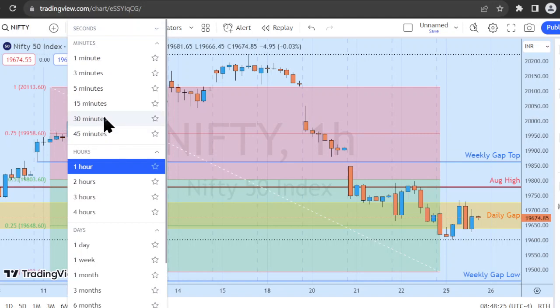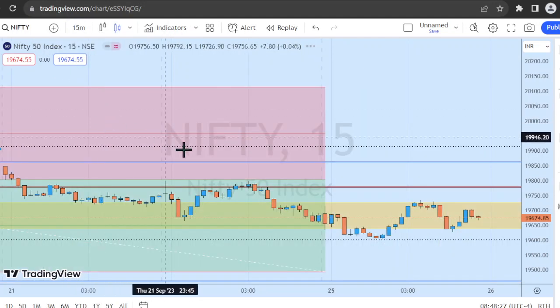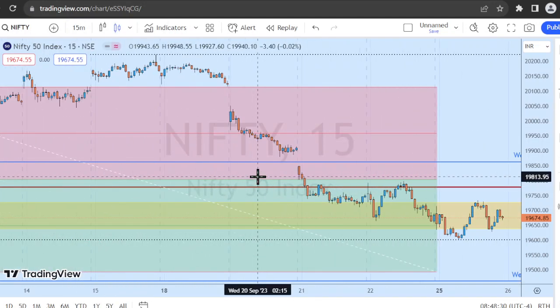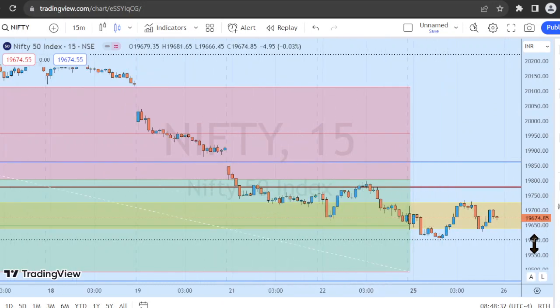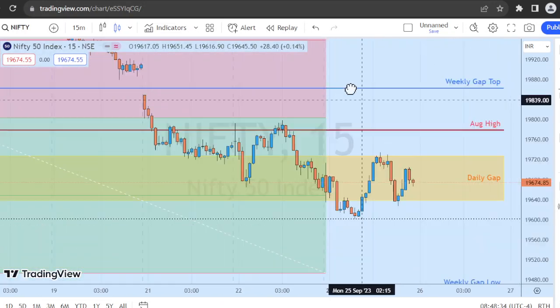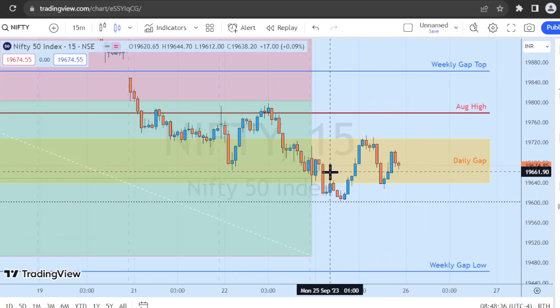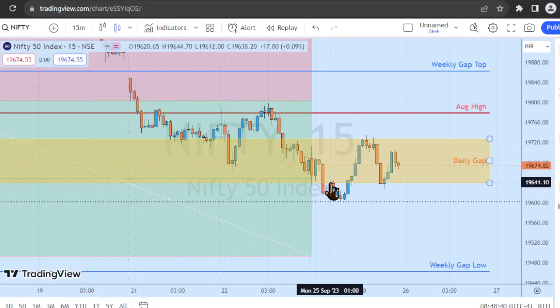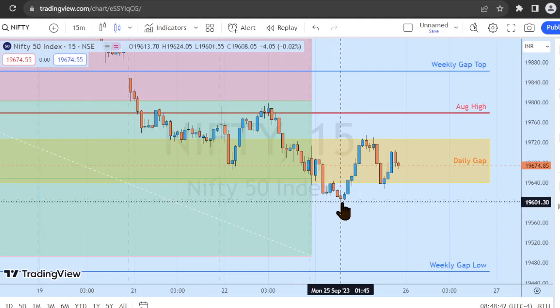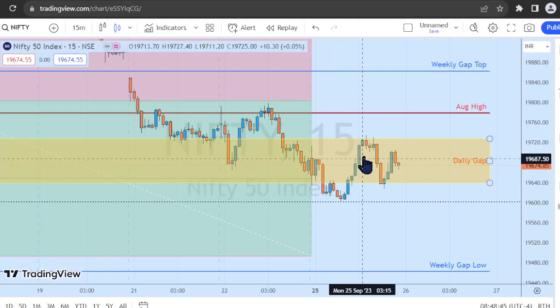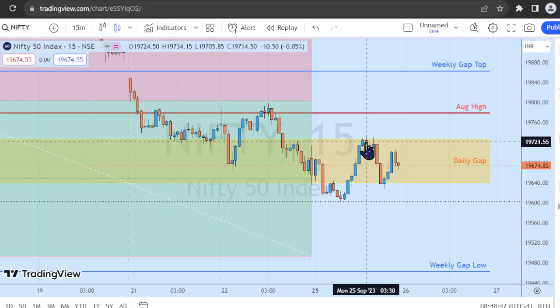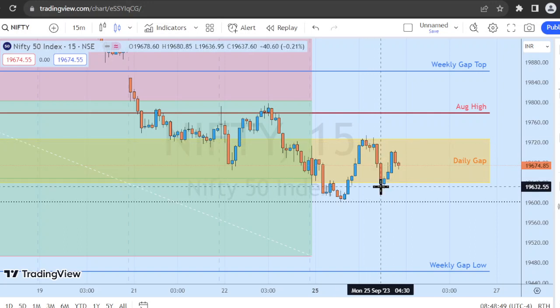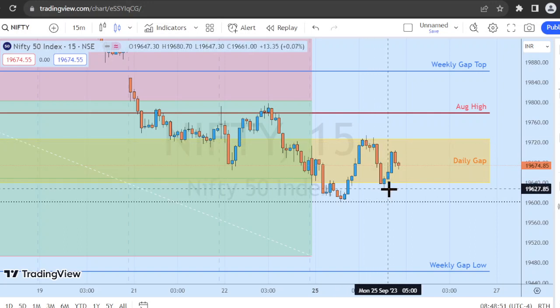And then when you go into a 15 minutes chart, you can see what happened is it came low, and then you can see it did a rally right in the morning session and came, and this is a higher low.